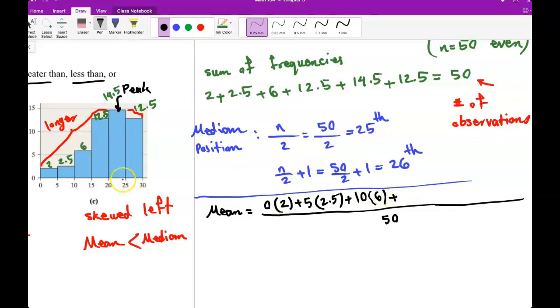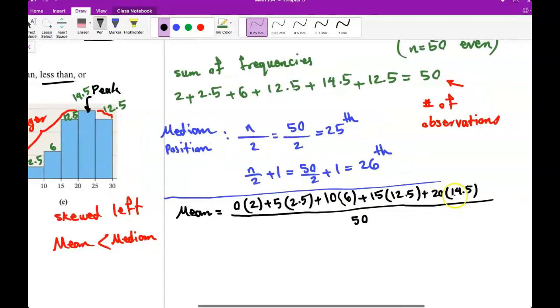Plus, after that 15 multiplied by 12.5. Then 20 multiplied by 14.5. 25 multiplied by 12.5.